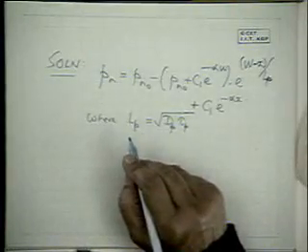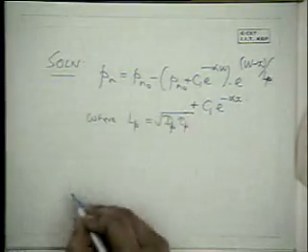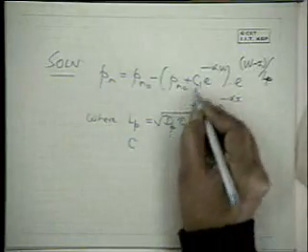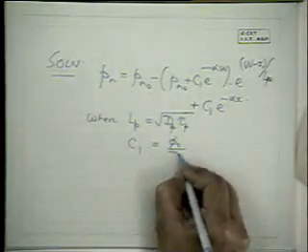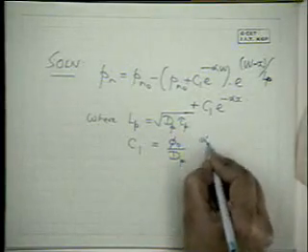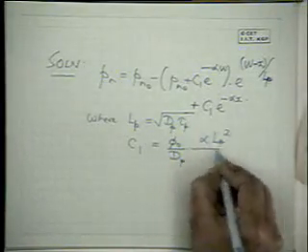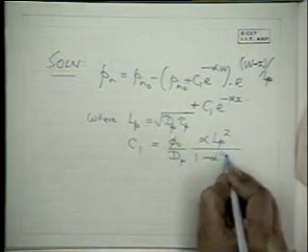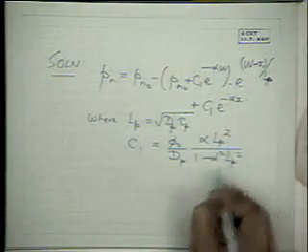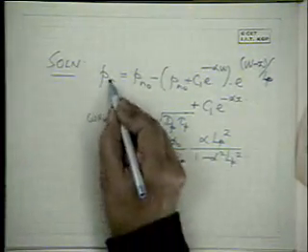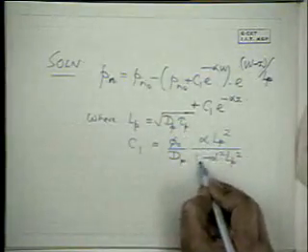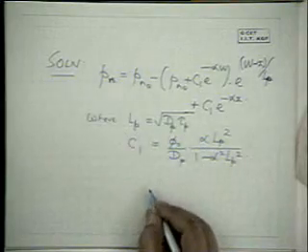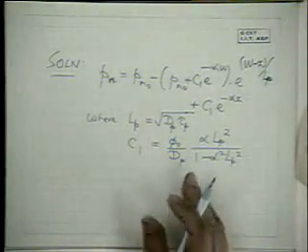Diffusion length of holes, which is given by this, and the constant C1 is just phi 0 by dP alpha LP squared over 1 minus alpha squared LP squared. So this is the solution for Pn.